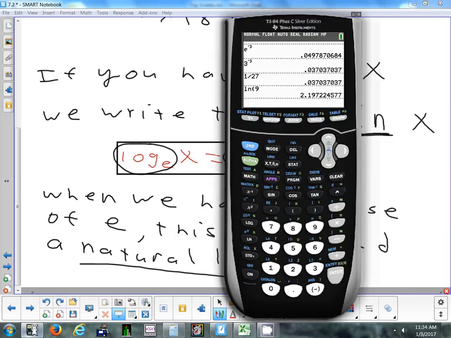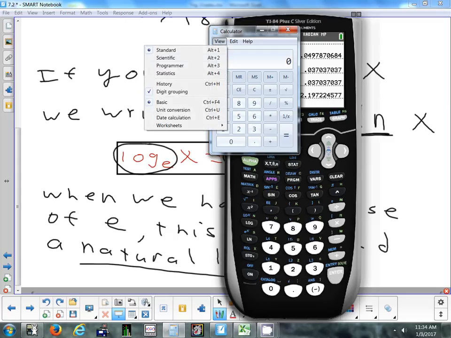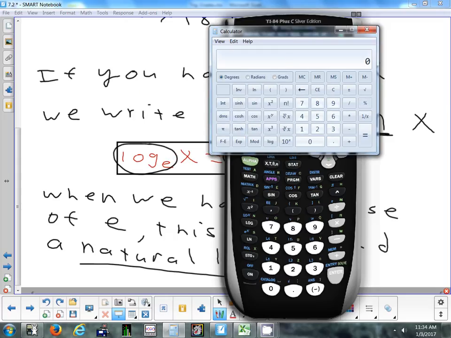Probably your calculator can't do logarithms. This calculator, in this mode, can't do logarithms. You have to have a scientific calculator. On mine, there's the log button, and there's the ln button. It's up at the top.